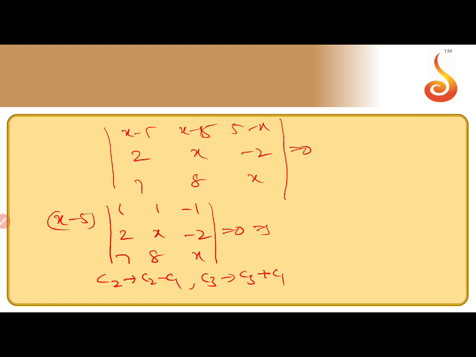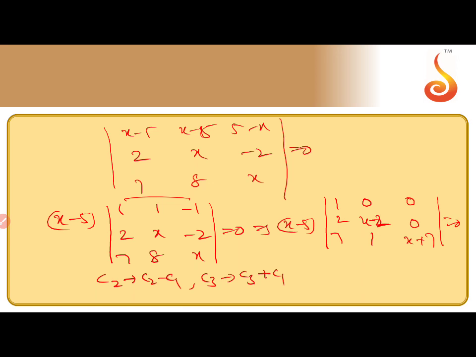Is there any benefit to get x minus 5? So what comes? 1, 2, 7. Now C2 minus C1 gives 0, x minus 2, 8 minus 7 is 1. Now C3 plus C1: adding these two, 0, 0, x plus 7 equals 0.